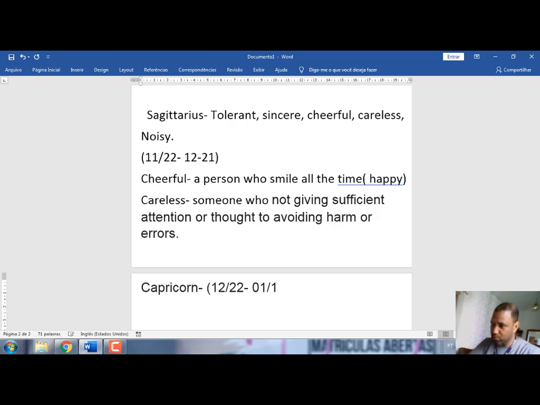And the last one, the last zodiac sign is Scorpio. Okay? Scorpio, who was born October 23rd until November 21st, right?